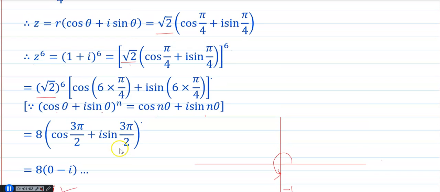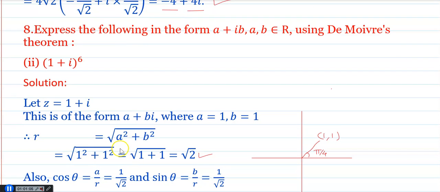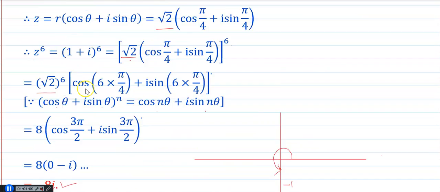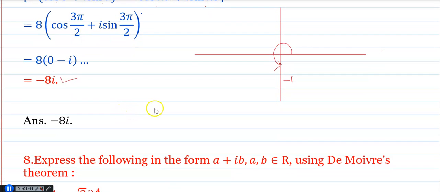And hence, 1 plus i bracket raised to 6 is in the form a plus ib. 1 plus i bracket raised to 6 is equal to minus 8i. It is in the form a plus ib by using de Moivre's theorem.